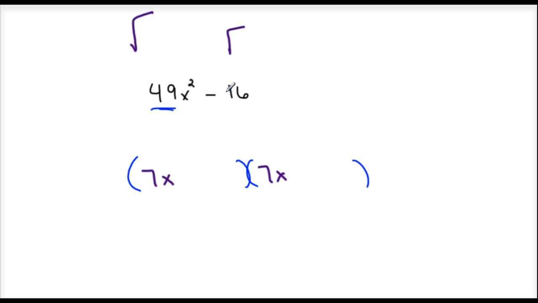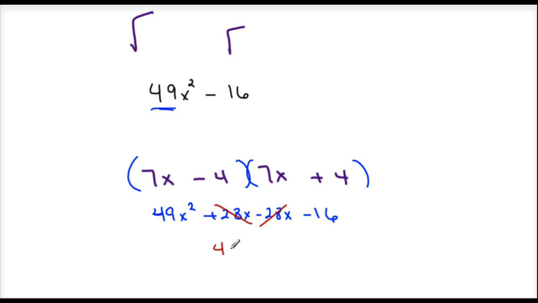Factors of negative 16: minus 4, plus 4. FOIL this, you'll get 49x squared plus 28x minus 28x minus 16. My positive 28x and my minus 28x will cancel, leaving 49x squared minus 16. Check.